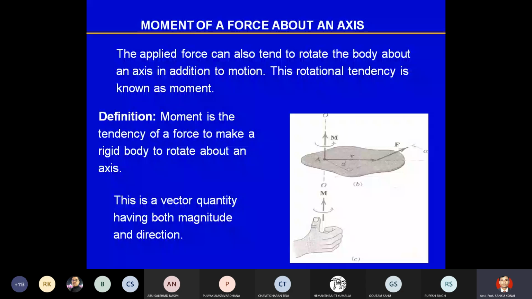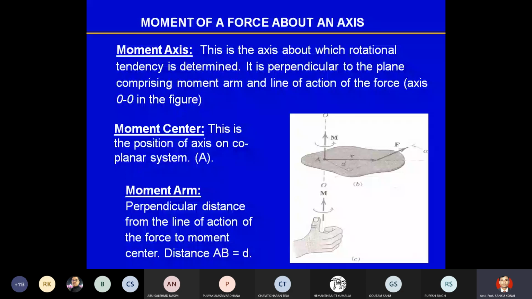Here in this figure, OO is the moment axis. Moment center is the point A. The perpendicular distance from the moment center to the line of action of the force is called the moment arm, right?